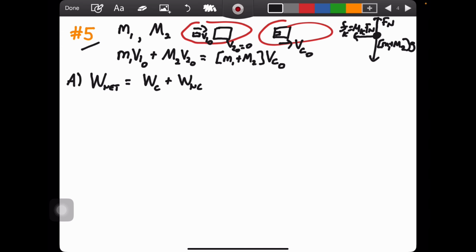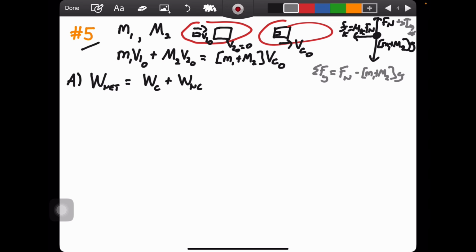Since I have a free body diagram in both the horizontal and vertical direction, I can sum the forces in the y direction, and that will be the normal force. If we're going with our conventional coordinate system, where you have plus x to the right and plus y going up, then the normal force will be positive, and then the gravitational force, which is (m1 plus m2)g, that will be negative.